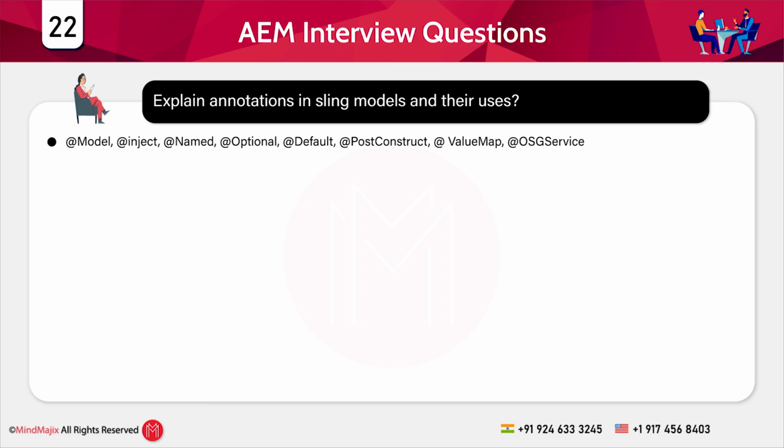But if you want to change the name, you can use the @Named annotation and specify the new name you want. And @Optional: if you want to make a field optional, you make it optional. And if you want some value in your field by default, you use @Default.